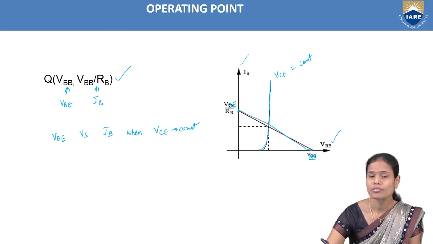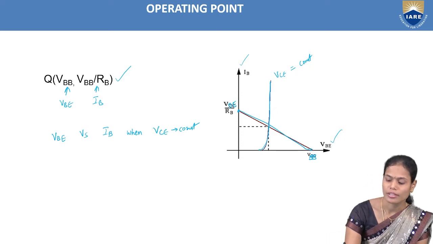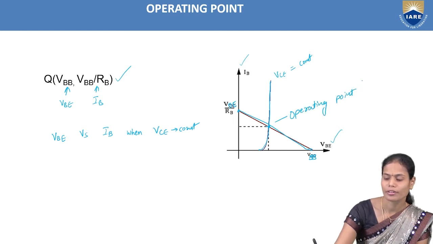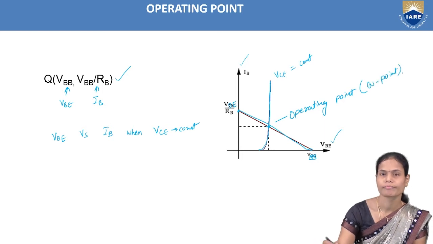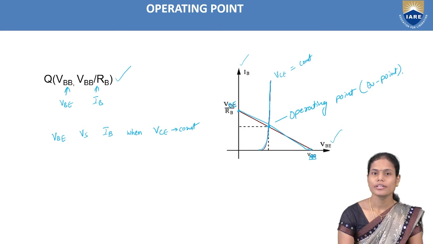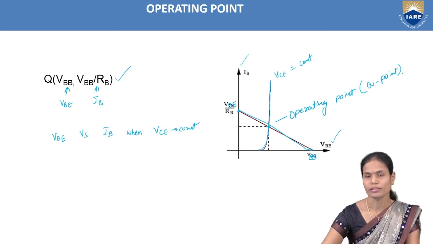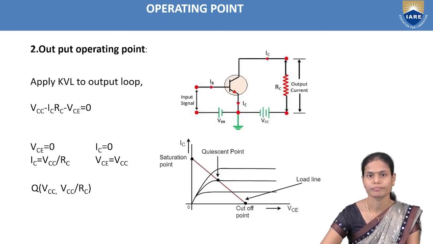The point where that load line crosses the input characteristics of the transistor is called the operating point, or the Q point. So this is the input operating point of the common emitter amplifier.